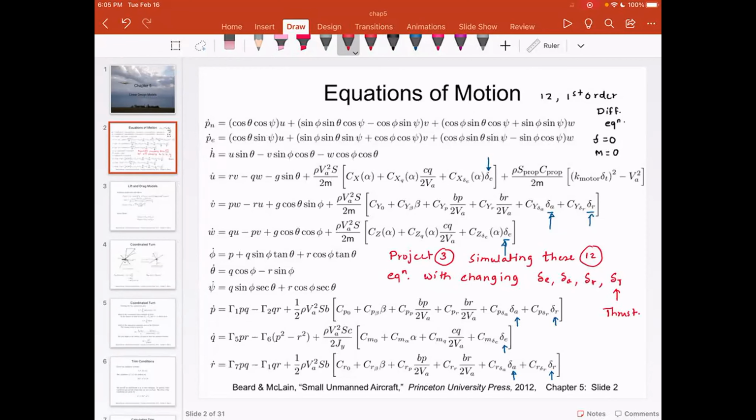Before we proceed further, I want to point out that these values for aileron deflection and rudder deflection are in radians. Make sure that when you turn in your final submission, your aileron deflection, rudder deflection, and elevator deflection are in radians and not in degrees.